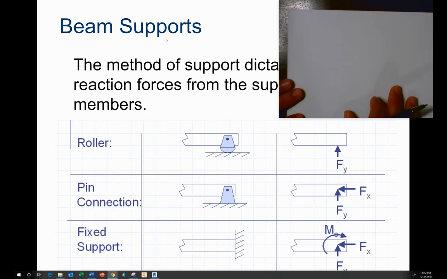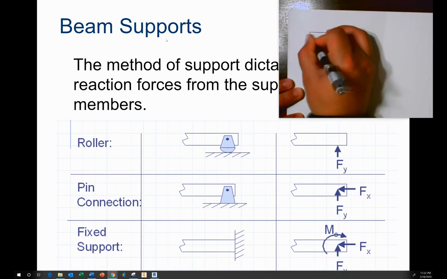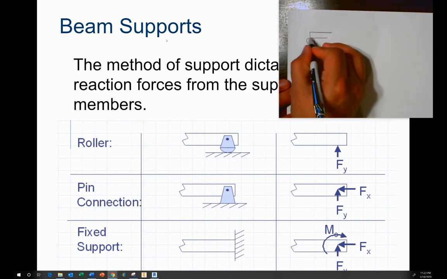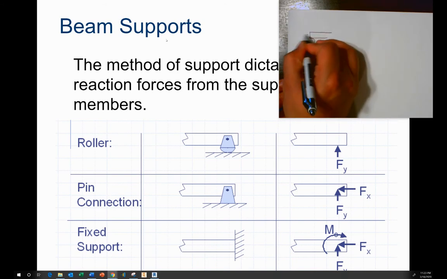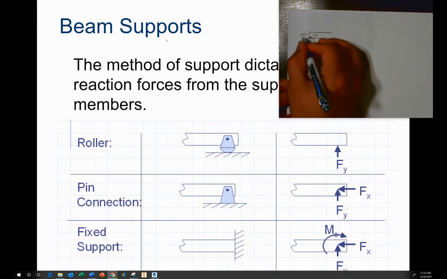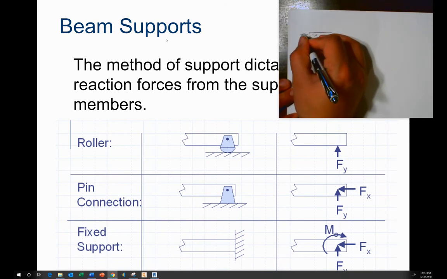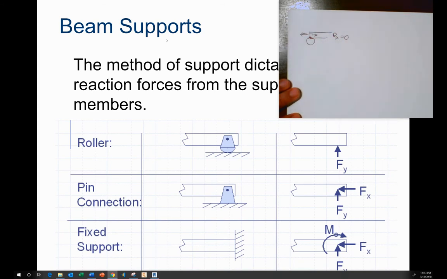If you have something like a roller that's supporting the beam, it means that it's locked in here, meaning it won't allow it to push any further down, but it does allow the beam to slide left or right freely. So there's no force that's stopping it from moving left and right. So what's the reaction? Zero. The reaction in the x direction is equal to zero.